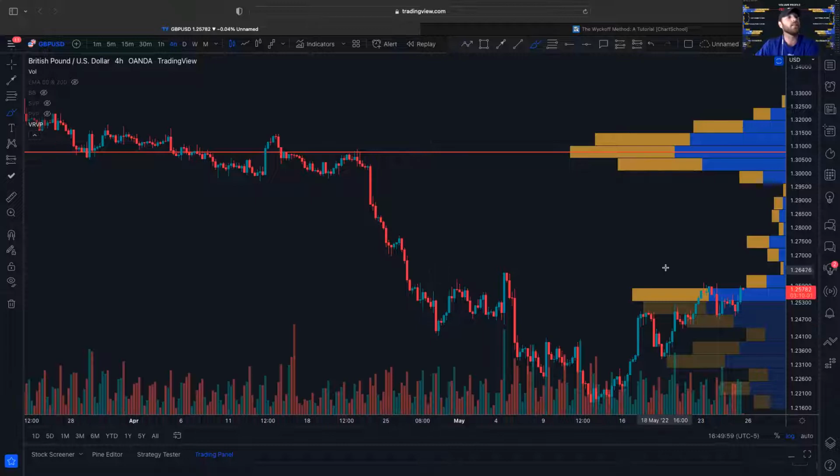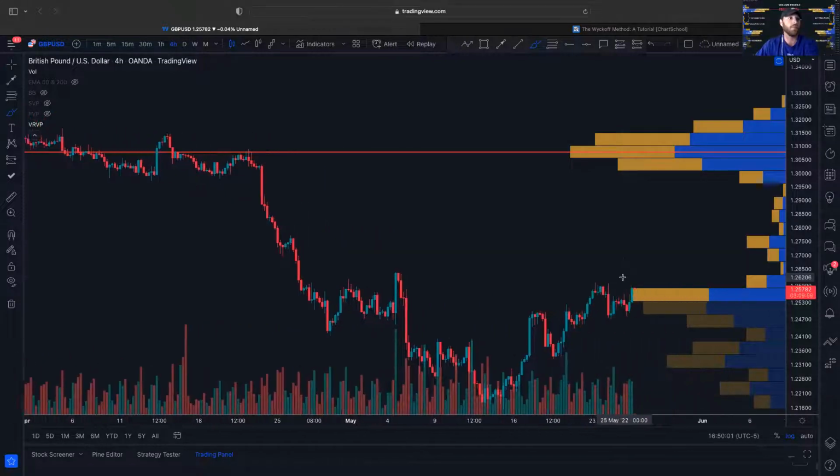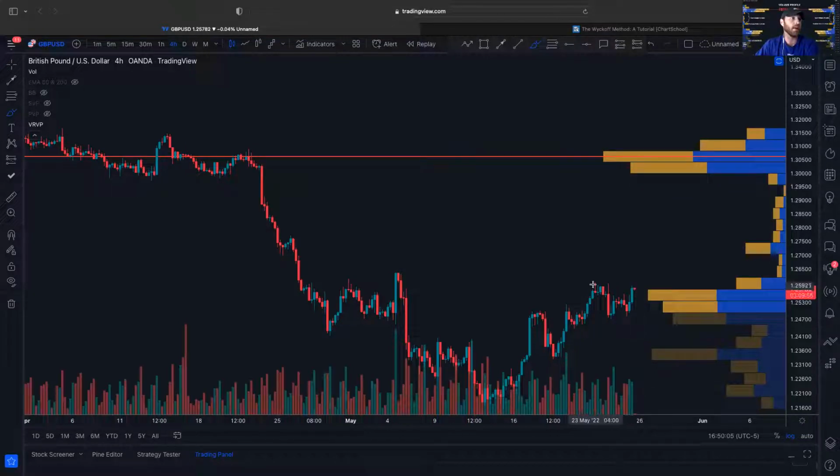So basically today, what we're going to be looking for, this is GU right now. And if it breaks this high, it really has to break this, because this is still a valuable volume spot. And it's basically right here, right? If it breaks this high, it's probably going to fly to this area because there's just no orders here.